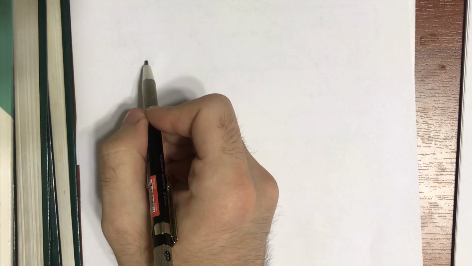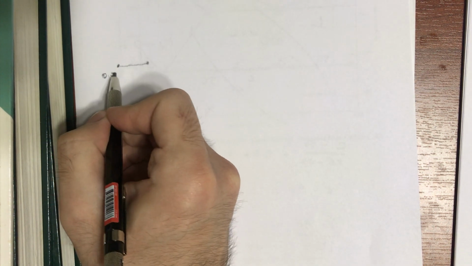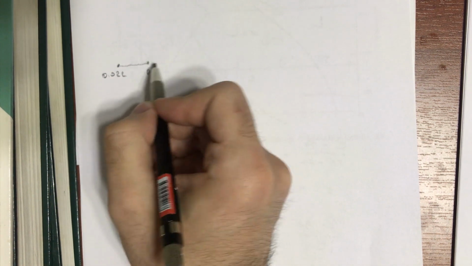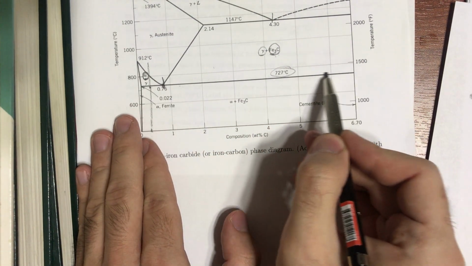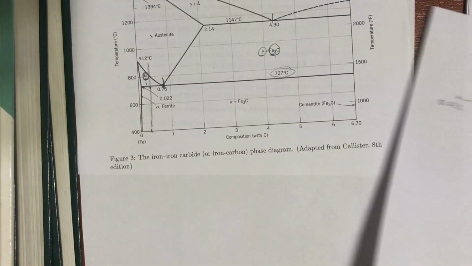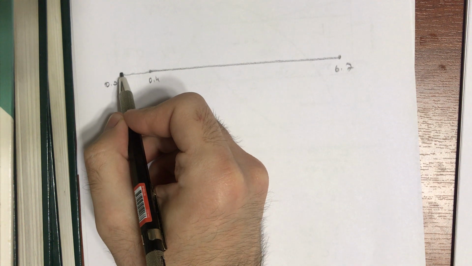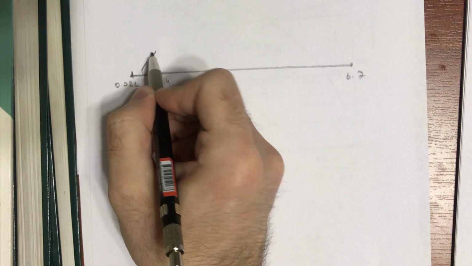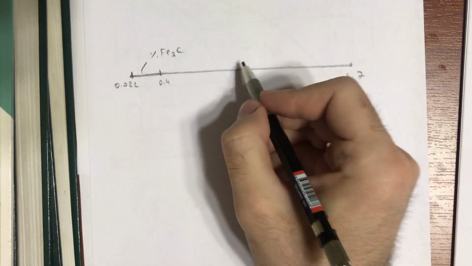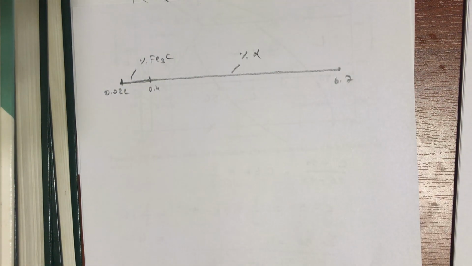We construct our tie line that extends from 0.022, this is 0.4, and we are just below 727, so this entire composition range below the 727 line goes up to 6.7. Now this portion here is going to give you the amount of cementite in the system, and this portion is going to give you the amount of total alpha in the system.